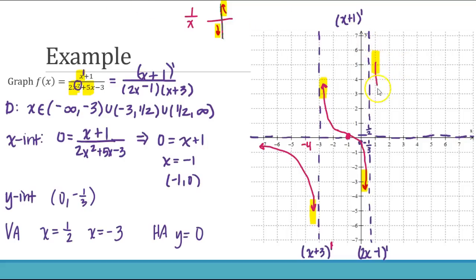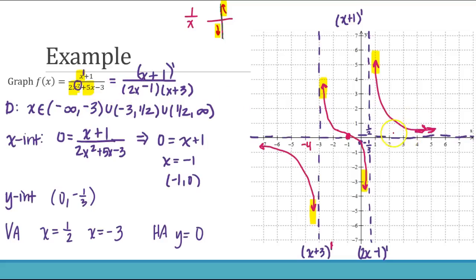So I'm going to go ahead and sketch what this side would have to look like because I have to approach both asymptotes. So this side would head up, and then since I have to approach the x-axis, this side would go closer and closer to 0 on this side of the graph. So this is a sketch of this rational function.